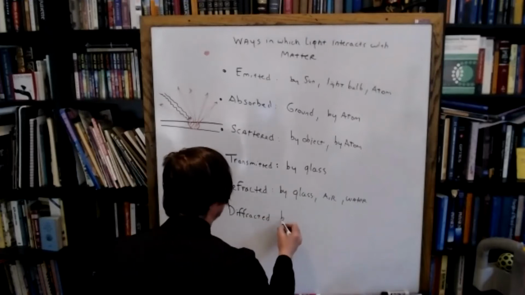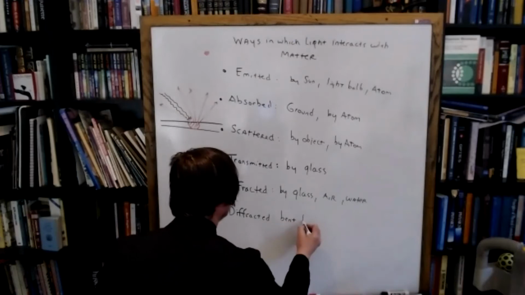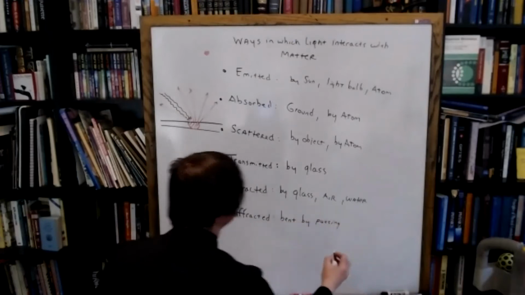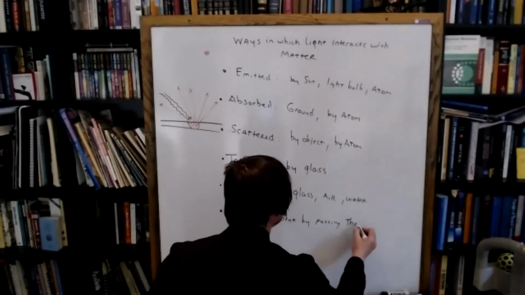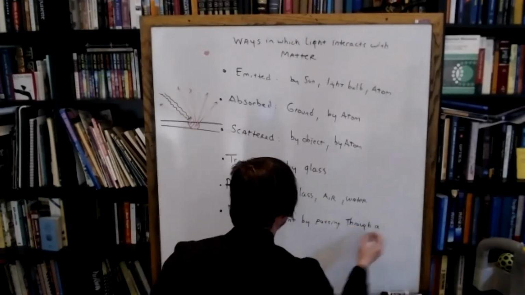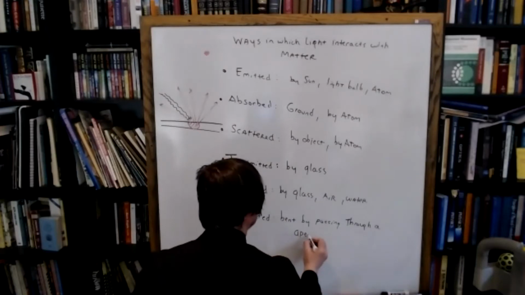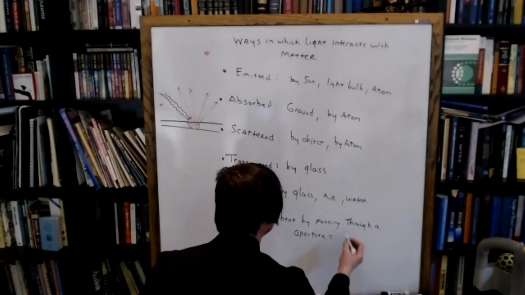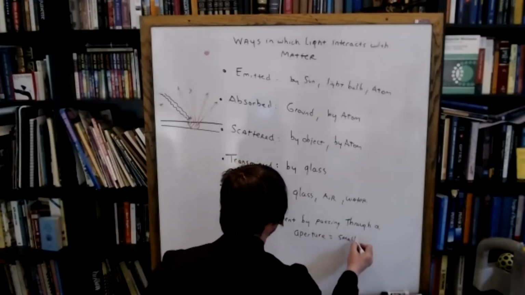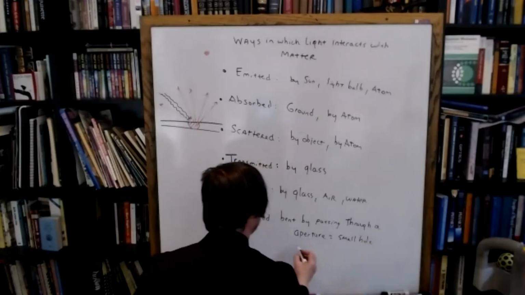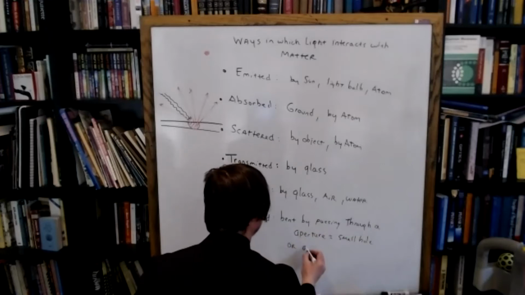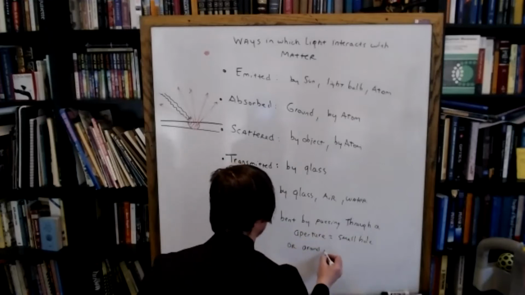Diffracted is when light rays are bent by either passing through a small hole, which is called an aperture. You can think of an aperture as a small or a big hole, whatever. Let's just call it a small hole. Or light can be bent when it's passing around a structure.